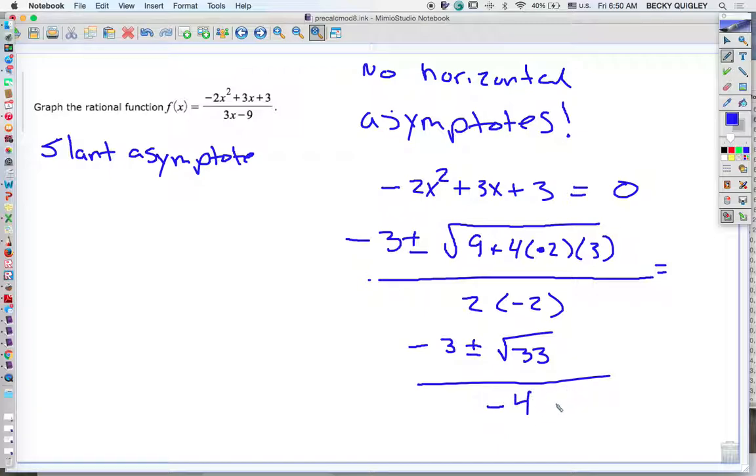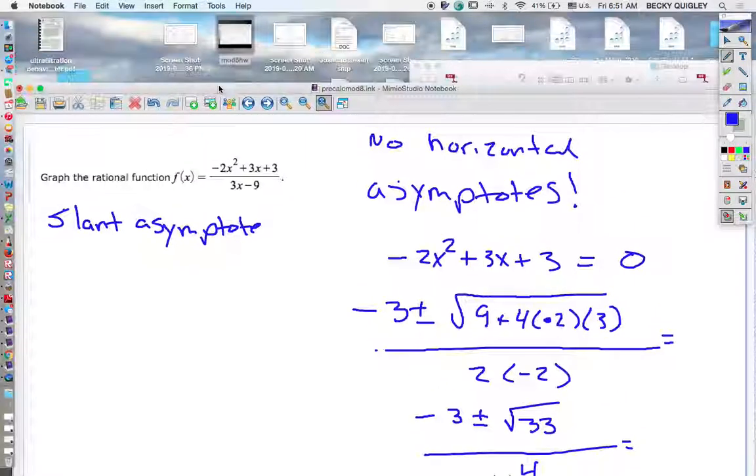Well, that's fun. Not exactly easy to graph. So at that point, I would go ahead and use a calculator and get those written in as decimals.